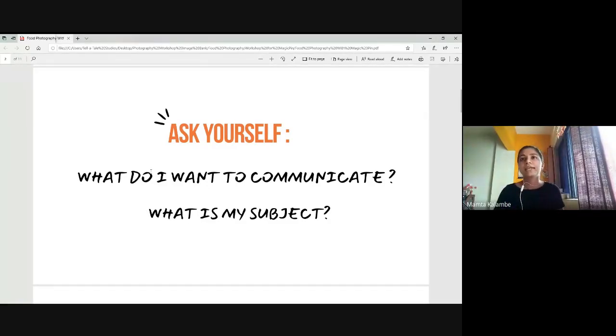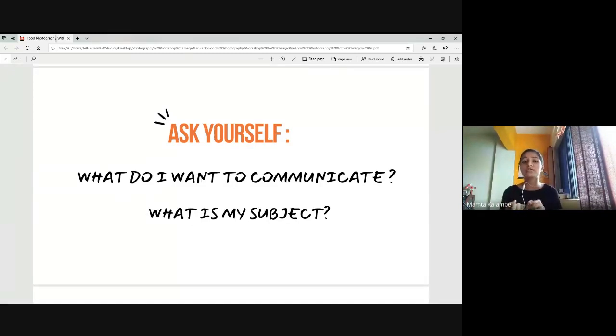Okay, perfect. So the first thing: whenever we see good food pictures, we are always saying, oh wow, this is so amazing. It looks perfect. The styling is great. But whenever you are shooting anything for that matter, always ask yourself, what is it that I want to communicate through my picture? And what is my subject?